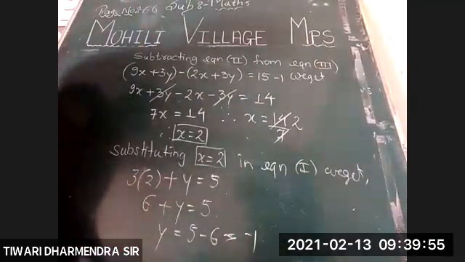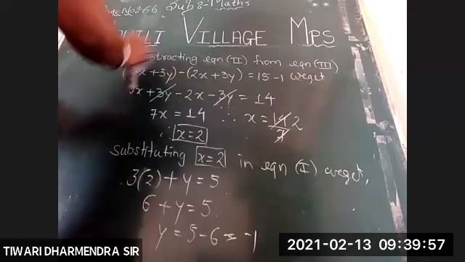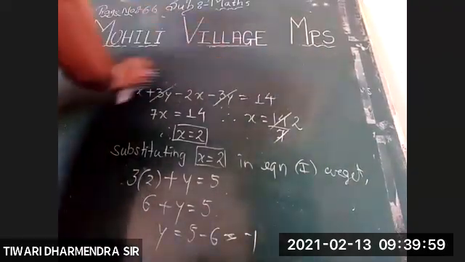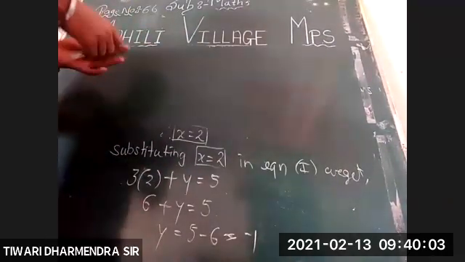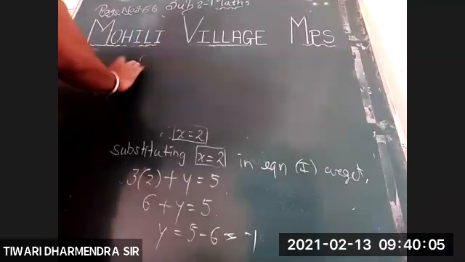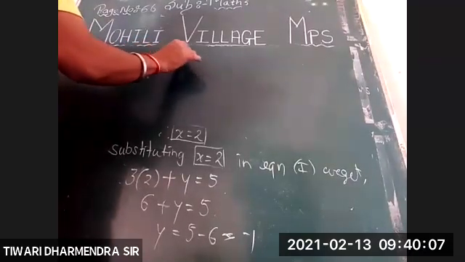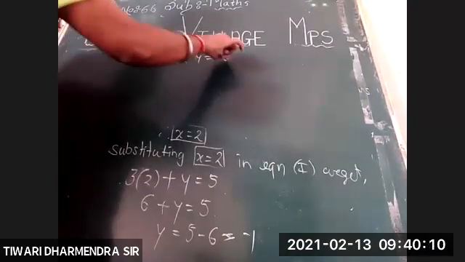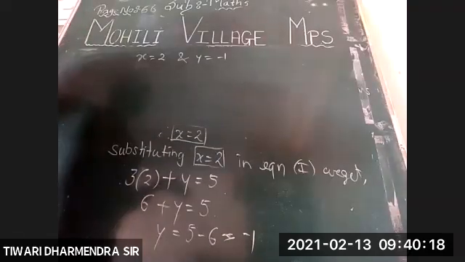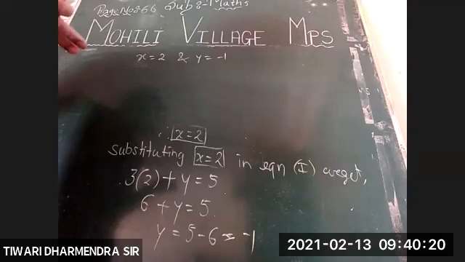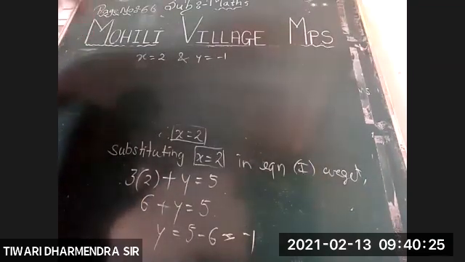So from here we conclude that x equal to 2 and y equal to minus 1 are the values of x and y, or you can say two numbers which satisfy the given linear equations in two variables.